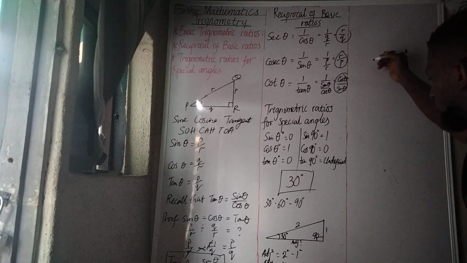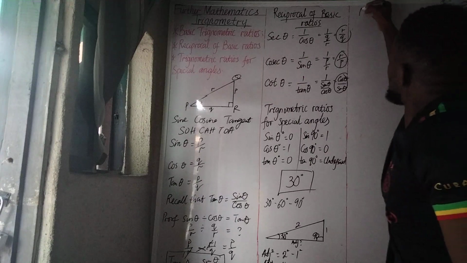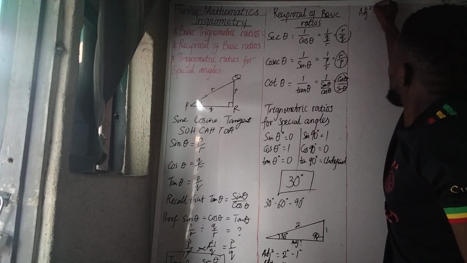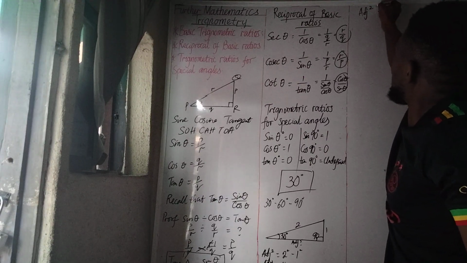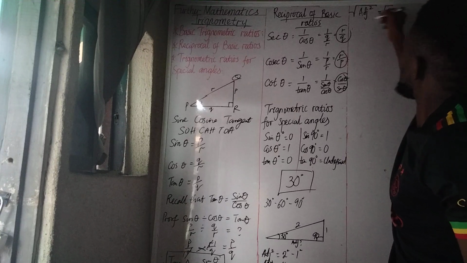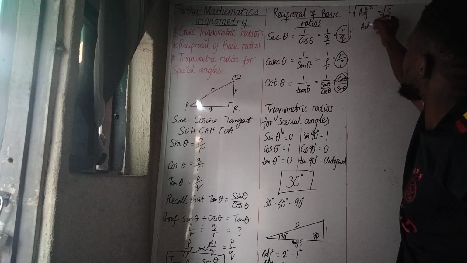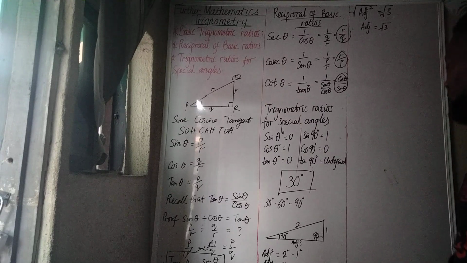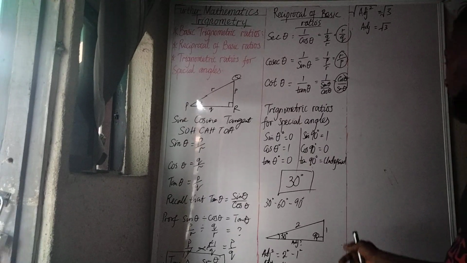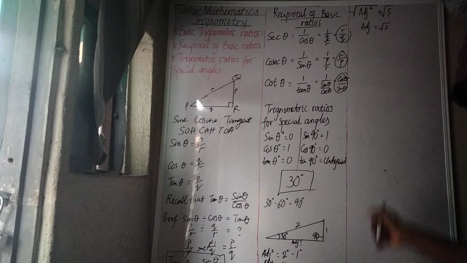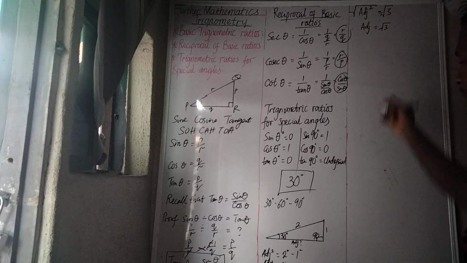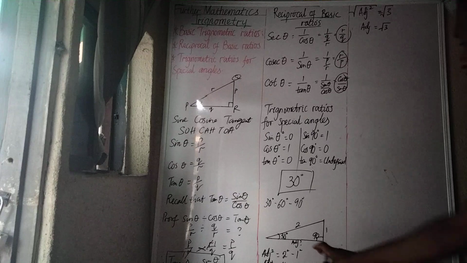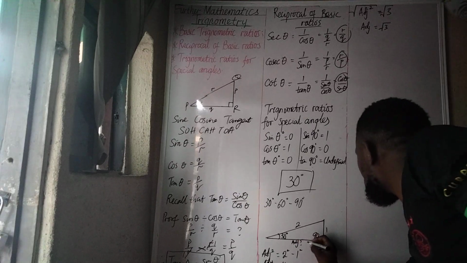Find the square root of both sides. So the missing side, the adjacent, is now equal to root 3. Now the adjacent here is root 3.